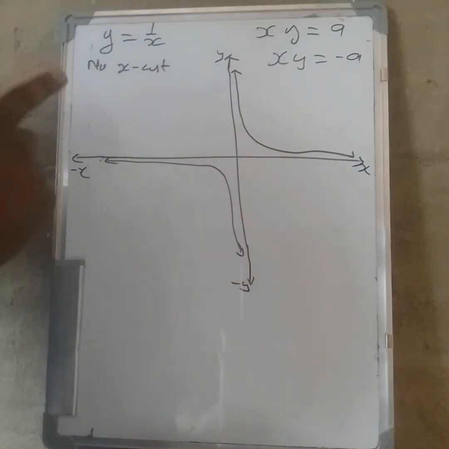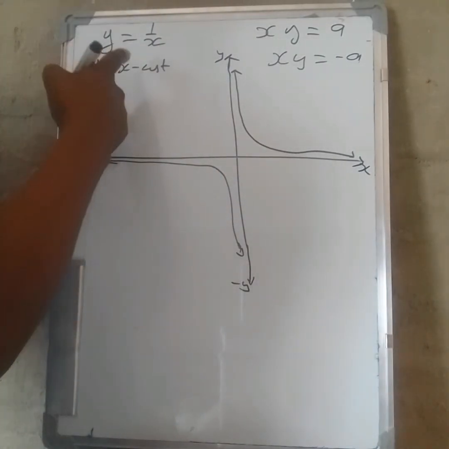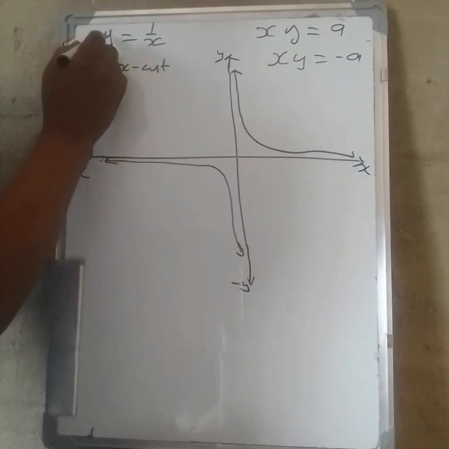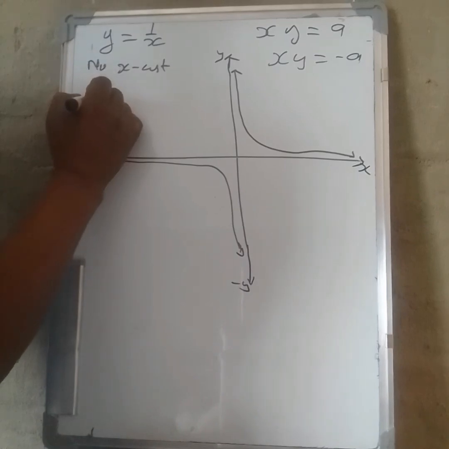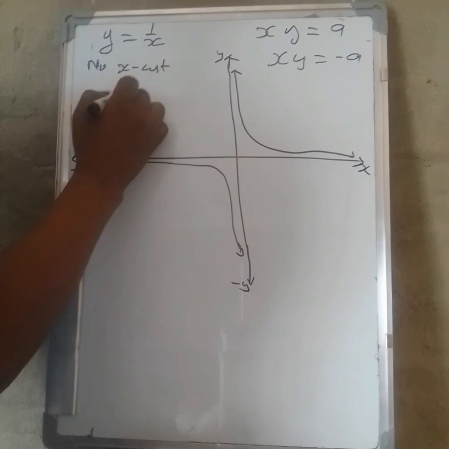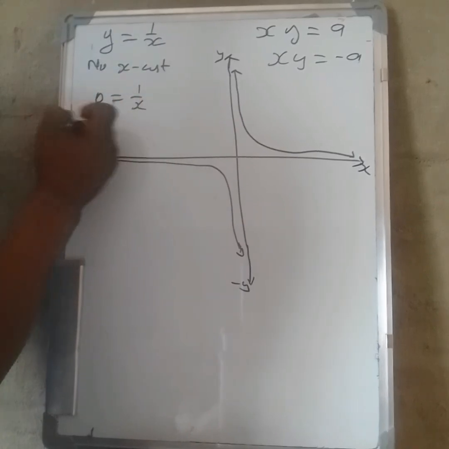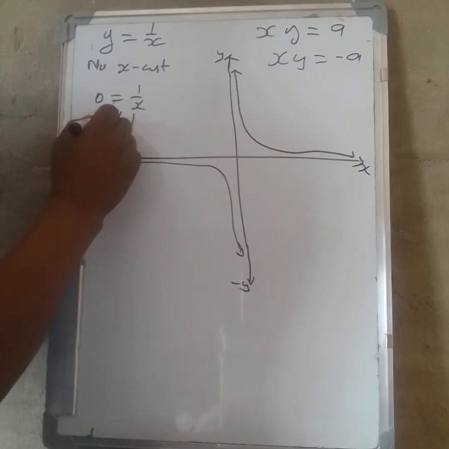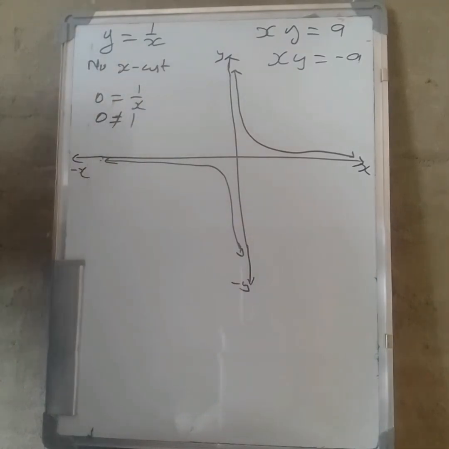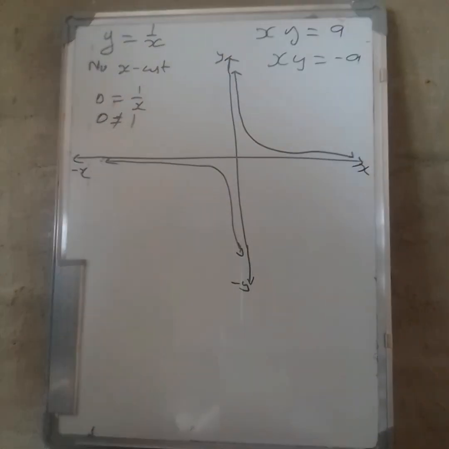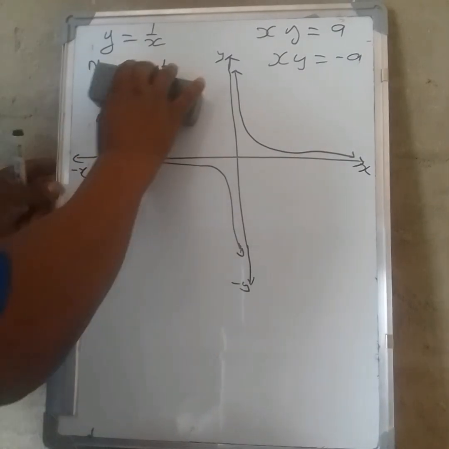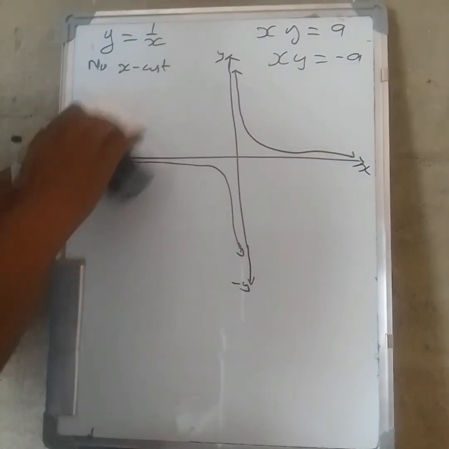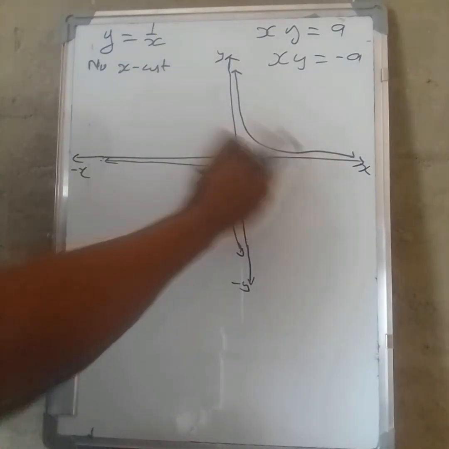Meaning, if you are trying to solve for the x-cut, when you put y equals 0, you're going to have 0 equals 1 over x. And then you're going to get 0 equals 1, which is not possible. So there is no solution, and no solution means that there is no x-cut.